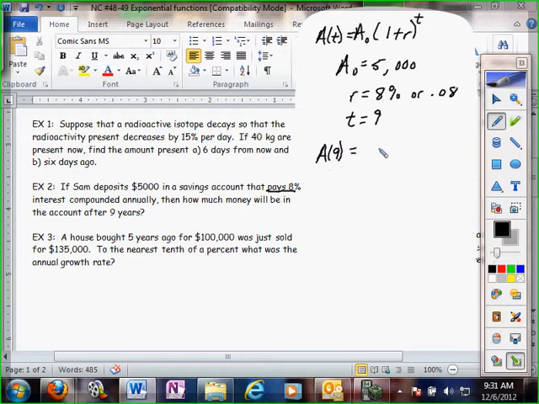A of 9 is equal to A naught, my initial amount, 5,000, times 1 plus 0.08 to the power of 9. When I put this in my calculator as I did before, you will get this answer rounded to the nearest cent, $9,995.02.